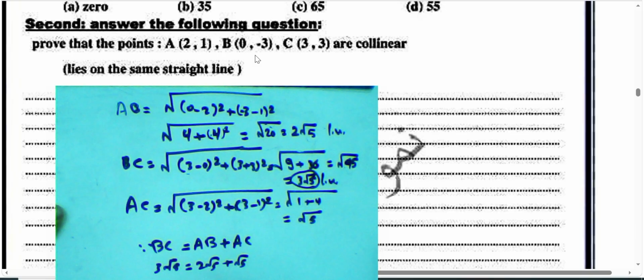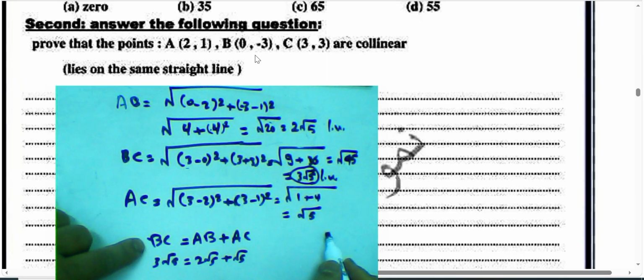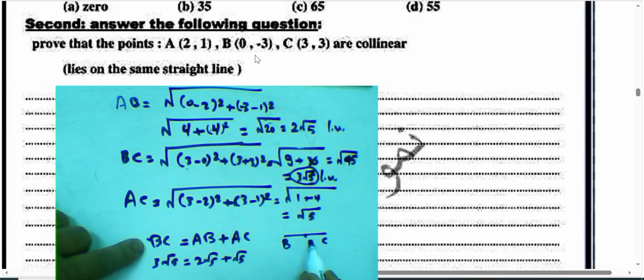Then A, B and C are collinear points. They are collinear, we call A, B and C collinear points because the longest side BC equals AB plus AC.